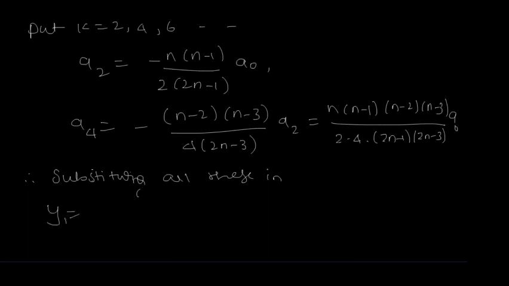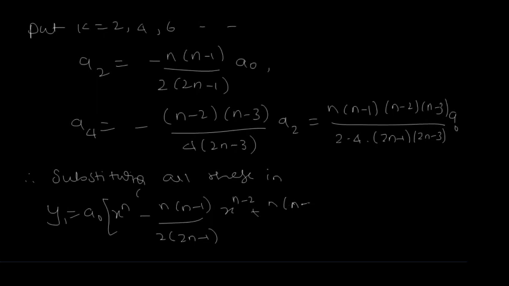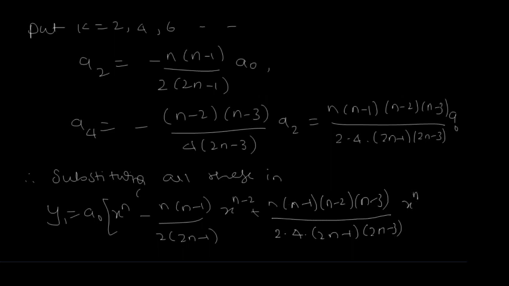y1 is equal to, so this is the first solution, y1 is equal to a naught into bracket x raised to n minus n into n minus 1 divided by 2 into 2n minus 1 into x raised to n minus 2 plus n into n minus 1 into n minus 2 into n minus 3 divided by 2 into 4 into 2n minus 1 into 2n minus 3 into x raised to n minus 4, and so on.